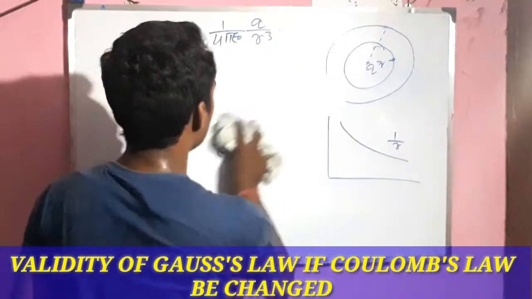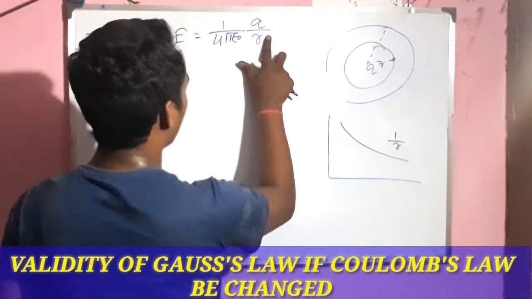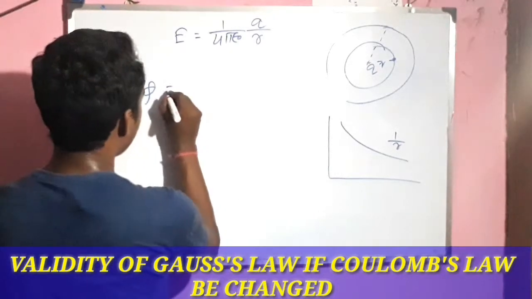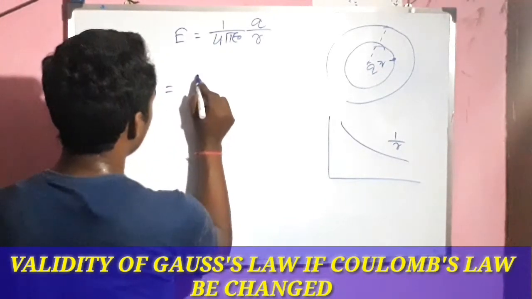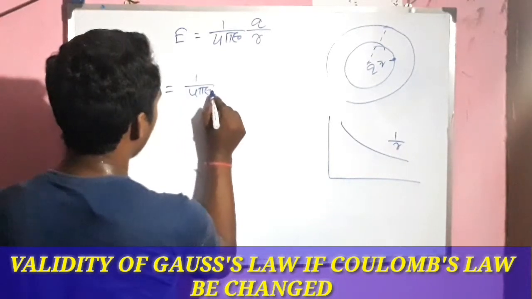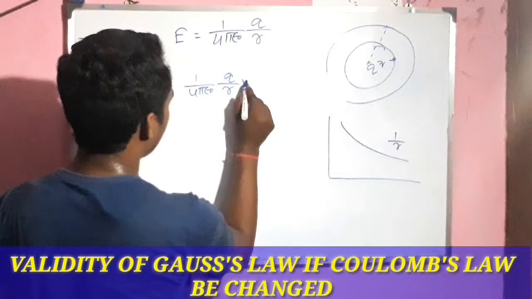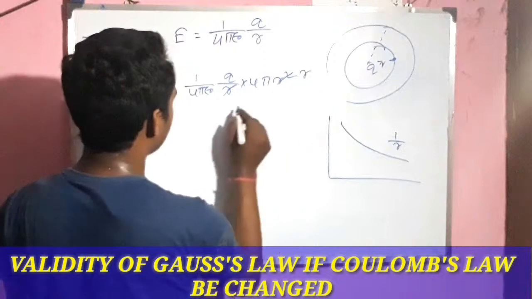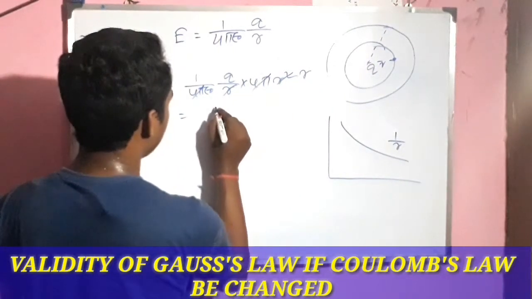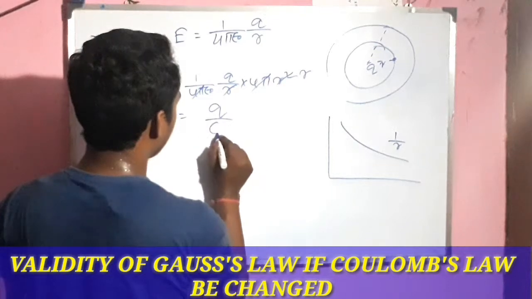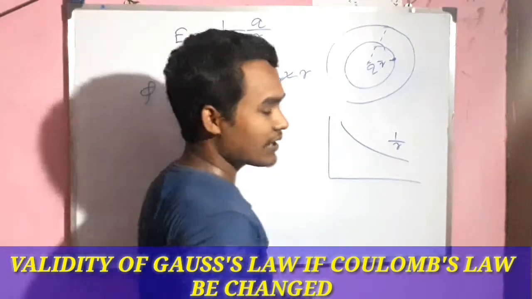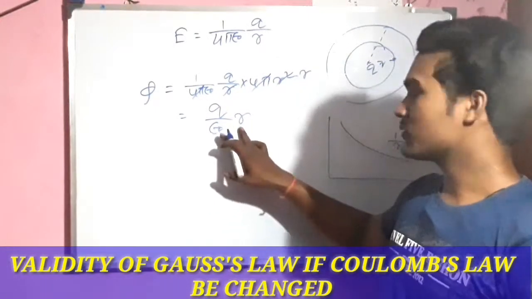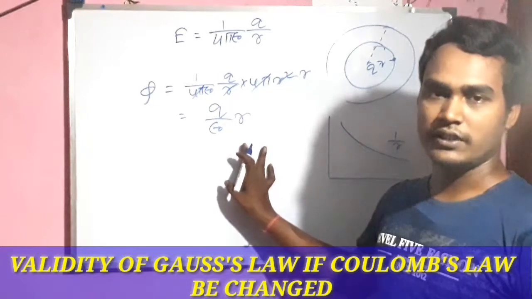And also, if the form of the law is 1 by r in place of 1 by r square, then in that case the flux will be 1 by 4 pi epsilon naught q by r into 4 pi r square, and r cancels with r square and 4 pi cancels, and the result will be q by epsilon naught into r. So the flux will increase and diverge. As r increases, the flux will increase, so it will not be constant in that case also.